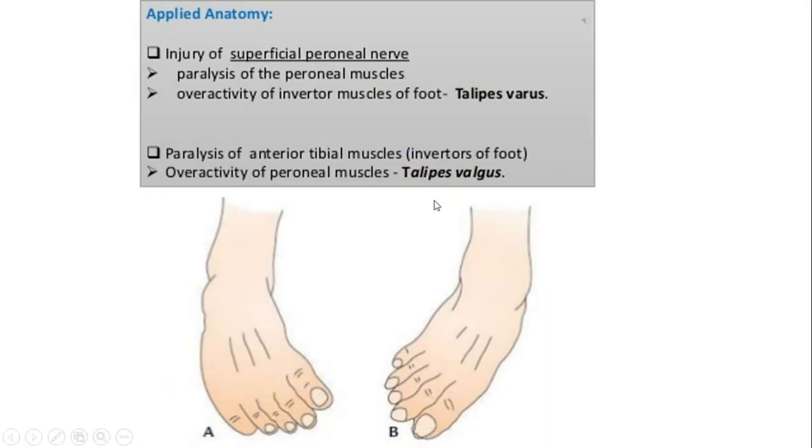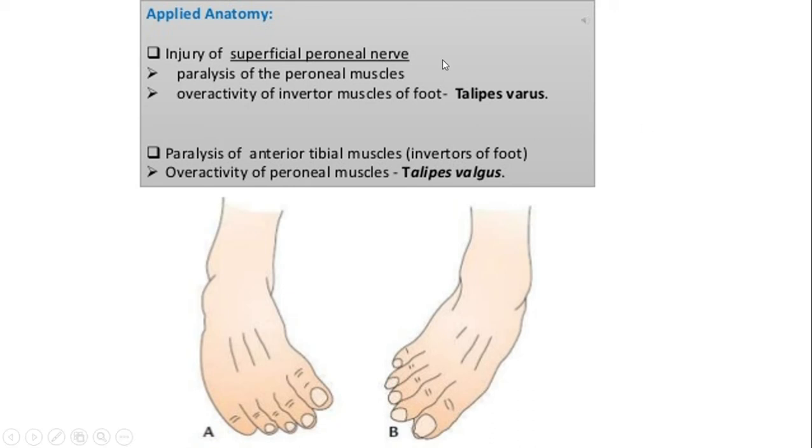Injury to superficial peroneal nerve individually is not very common, and it usually occurs when there is stretching of this nerve due to continuous eversion and inversion movement while walking on irregular surface.